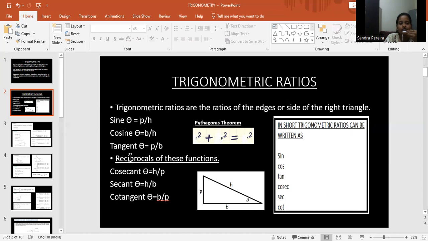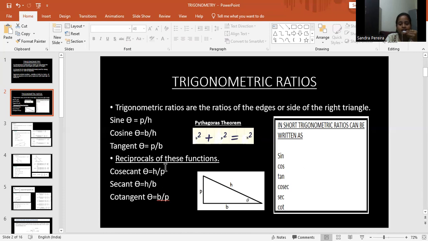These trigonometric ratios have short forms, so that we can directly tell it as sin, cos, tan, cot, sec, cosec. So this can be read as sin of angle theta is equal to P by H, cos of angle theta is equal to B by H, tan of angle theta equals P by B.